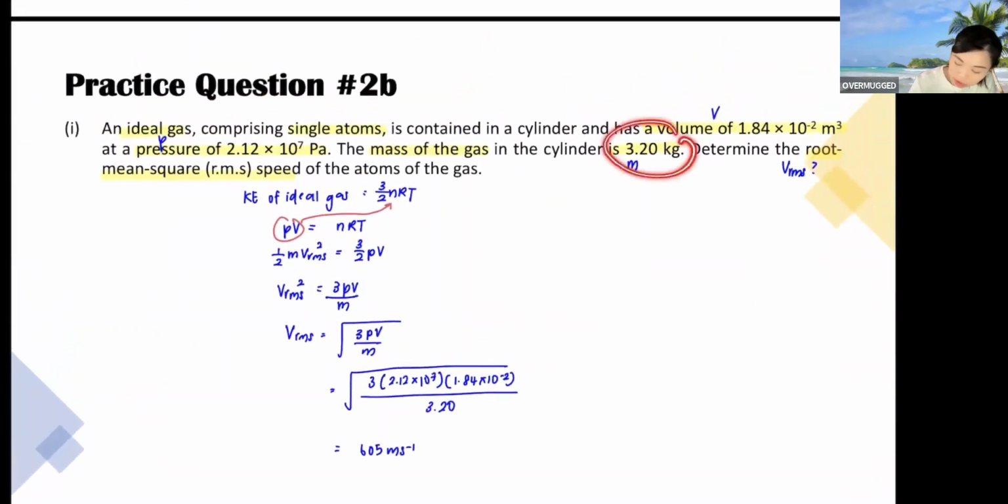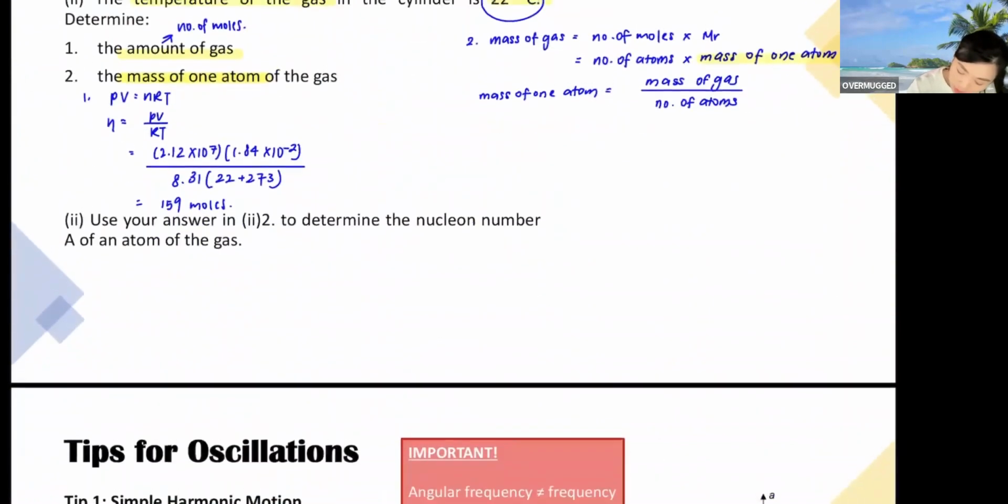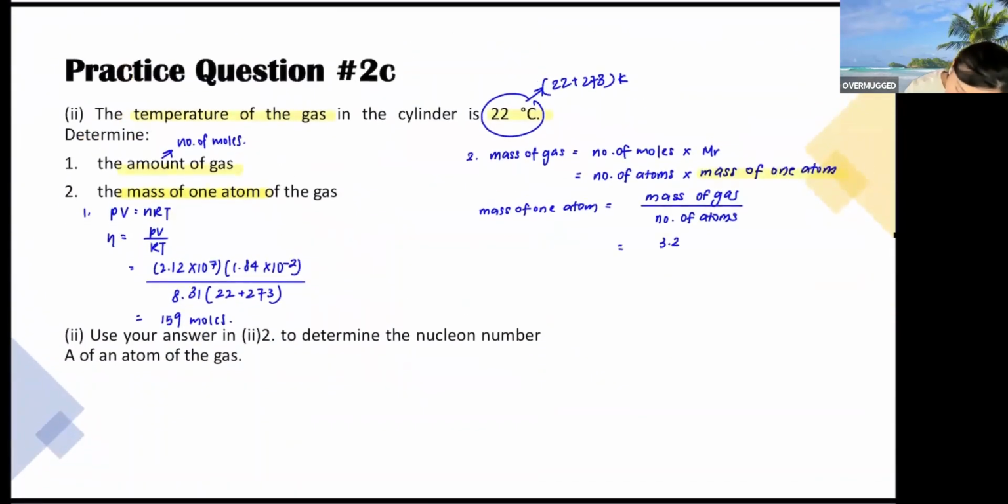So in my formula, I equate it to 3.2, and the number of molecules is calculated by taking my number of moles times Avogadro's constant. So 159 times 6.02 times 10 to the power 23. This will give you the mass of one atom to be 3.34 times 10 to the power negative 26 kg. So that's your final answer for part 2.